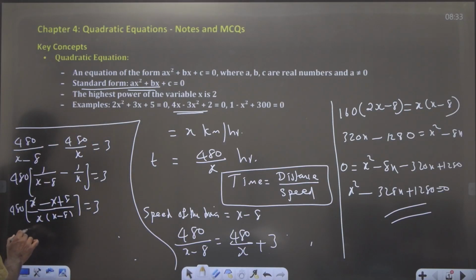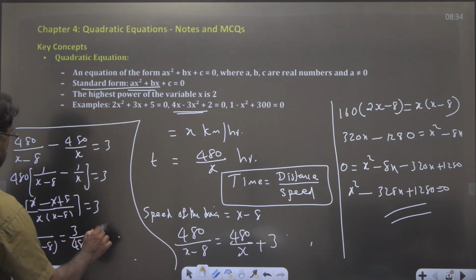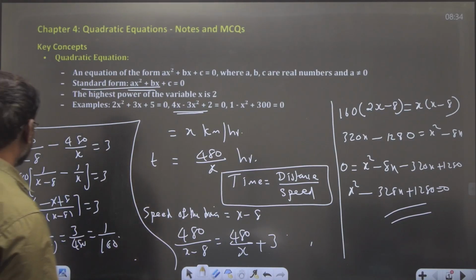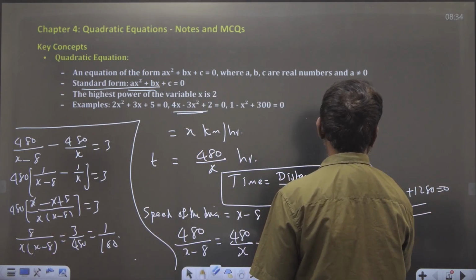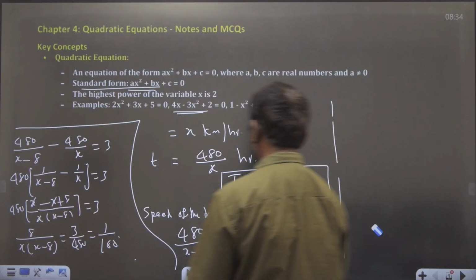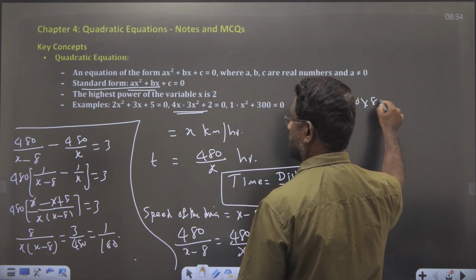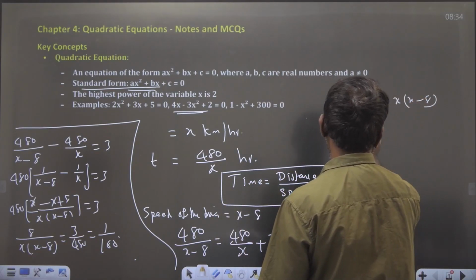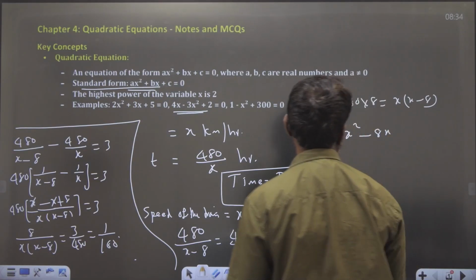That is 8 divided by x into (x minus 8) equal to 3 by 480, that is 1 by 160, 3 cancelled with 480. When cross multiplying, we will get 160 into 8 is equal to x into (x minus 8), that is x square minus 8x.